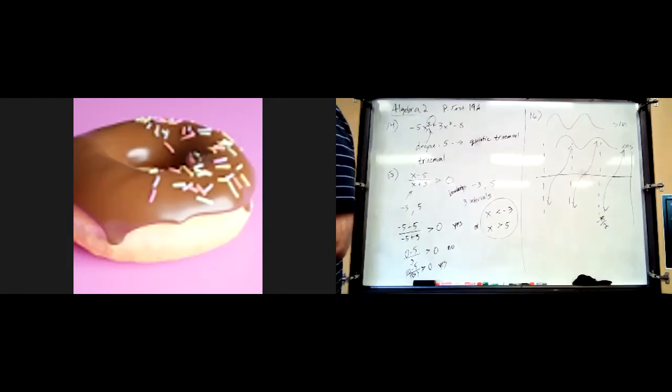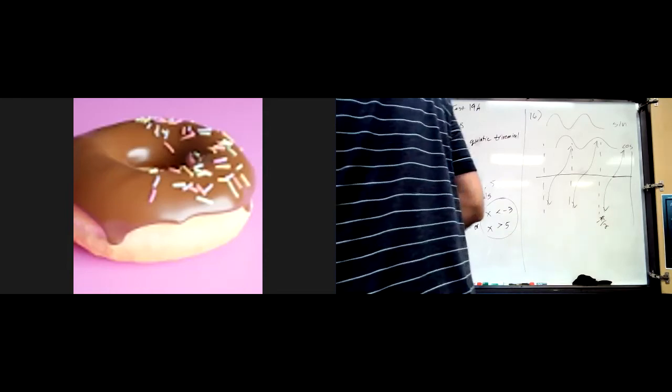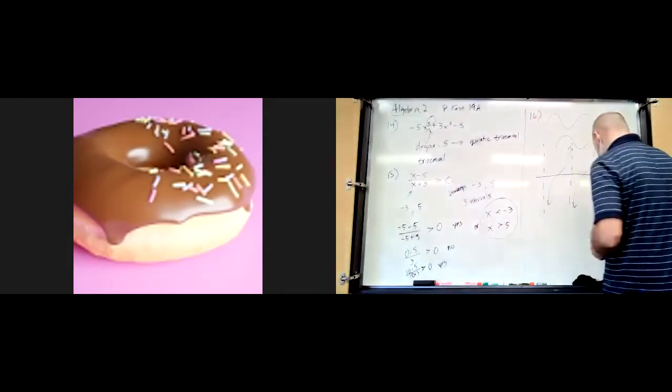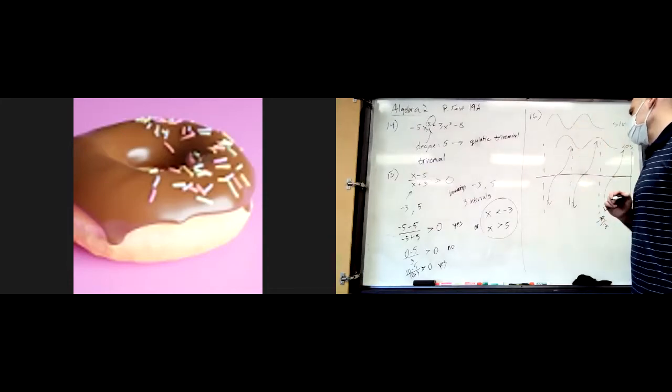Okay, it's going to say graph that, find the period. So the period, do you guys remember how to calculate the period? The period is basically how long it takes for this to complete its cycle.